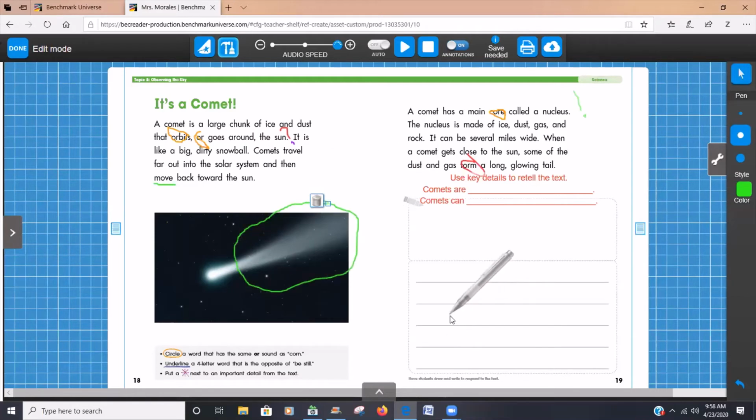And glow means that it's like light. You can see it in the dark. So this right here is the comet, all of this right here, but this is the tail right there.